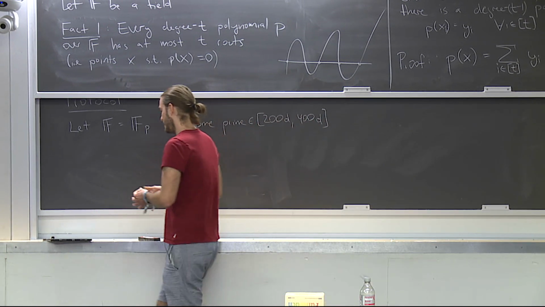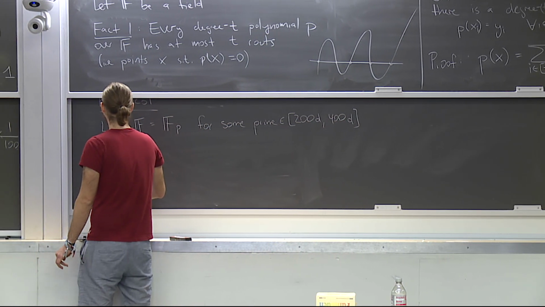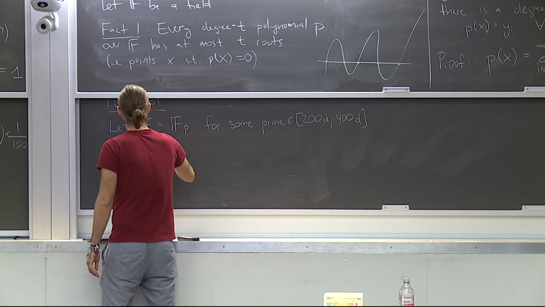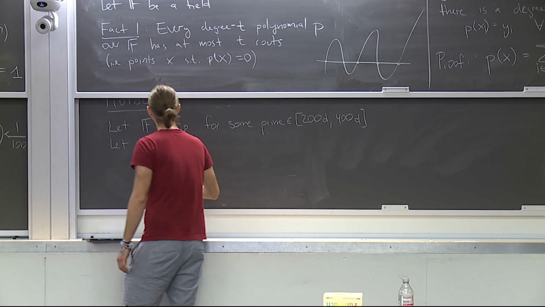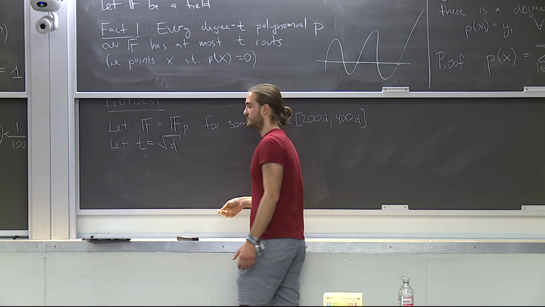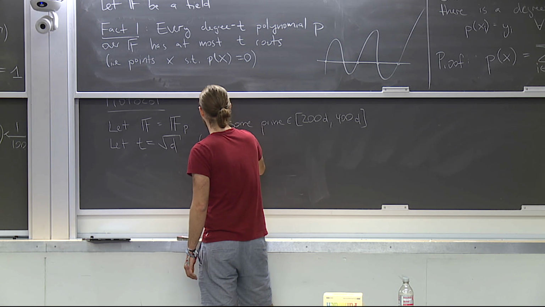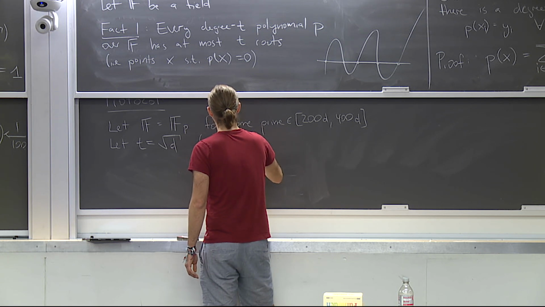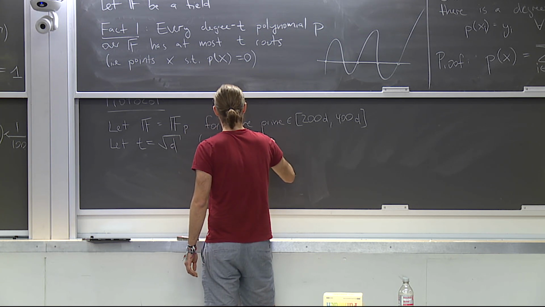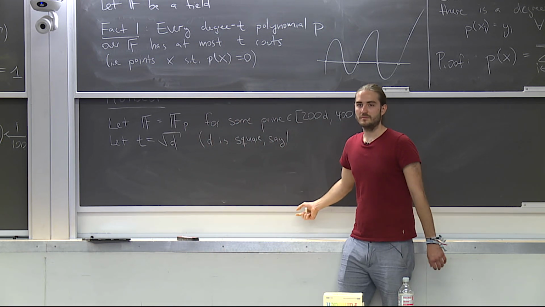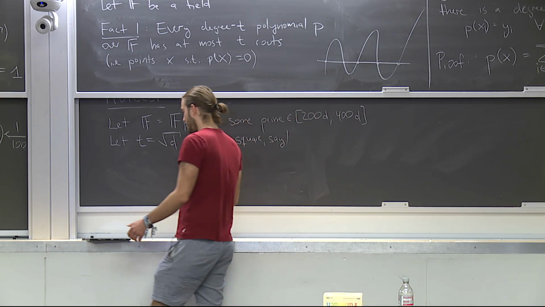Now, let me assume that d is a square number, so that I can write t to denote root d. Consider the following polynomials.